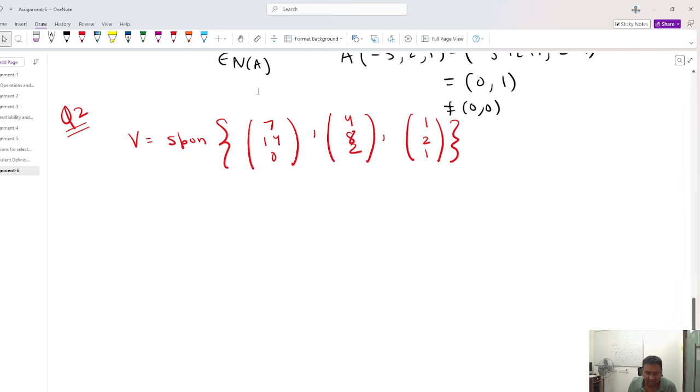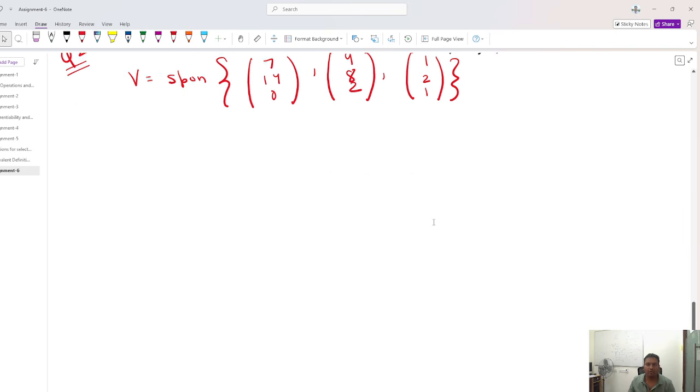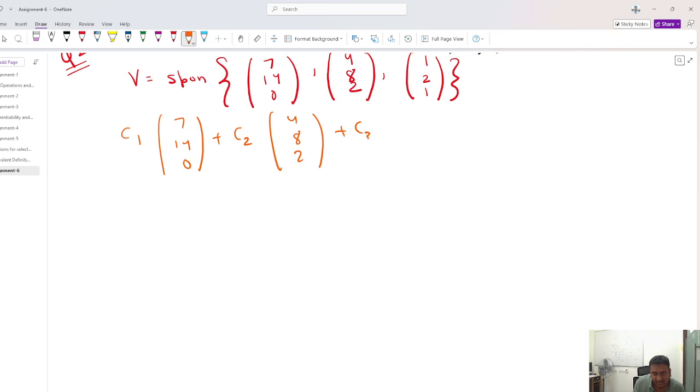So, in other words, I already have a span, right? I have to just explore which of these vectors are linearly independent. So what does it mean to say equivalently? You have to look for the solution of such equations, right? c1(7, 14, 0) + c2(4, 8, 2) + c3(1, 2, 1) equal to (0, 0, 0).